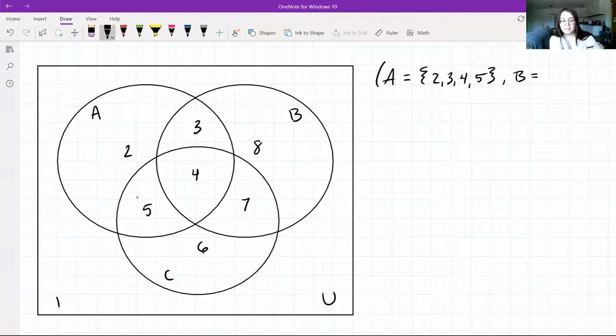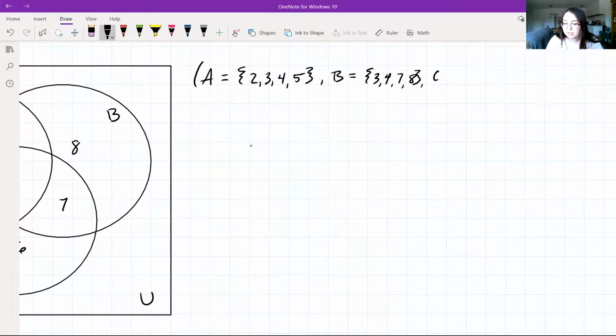Now let's solve for B. So if we think of B here, here's our circle of B. And what we see contained is 3, 4, 7, and 8. So B is equal to 3, 4, 7, and 8.